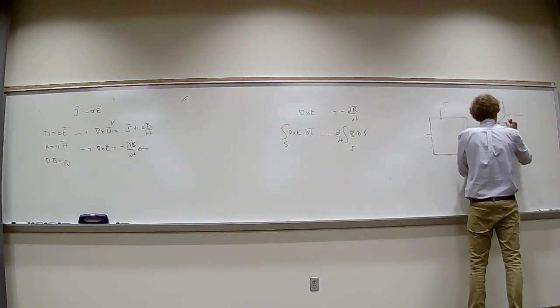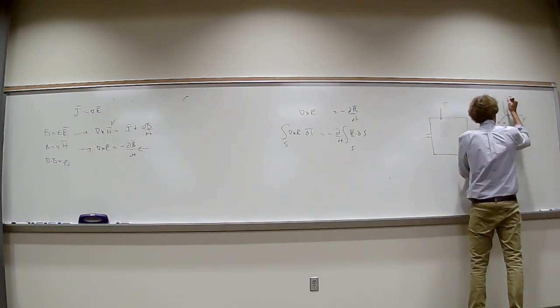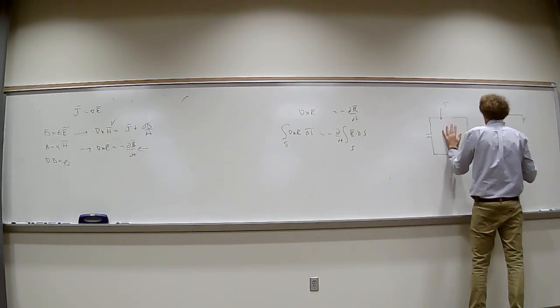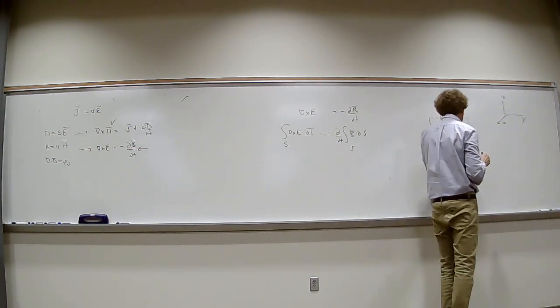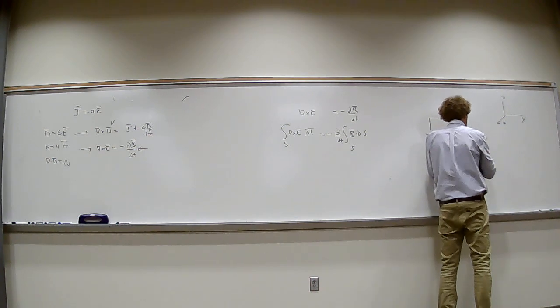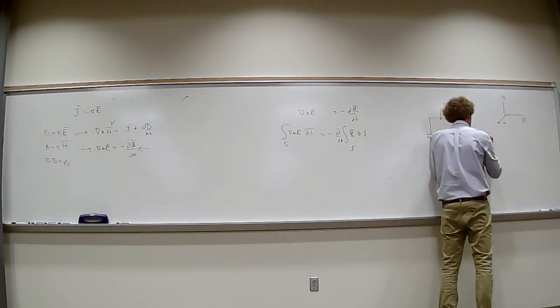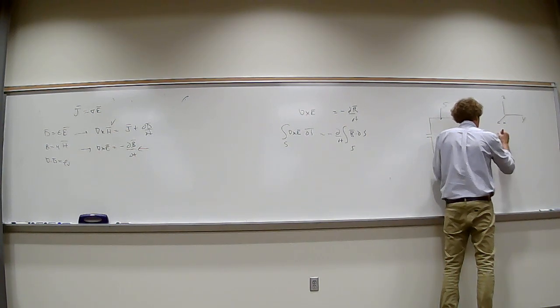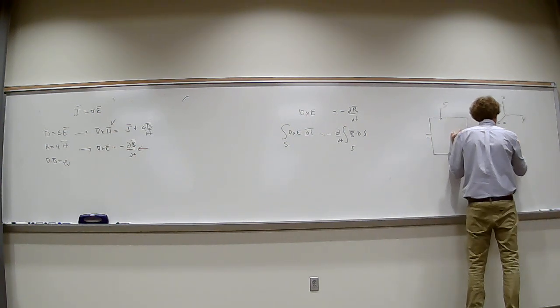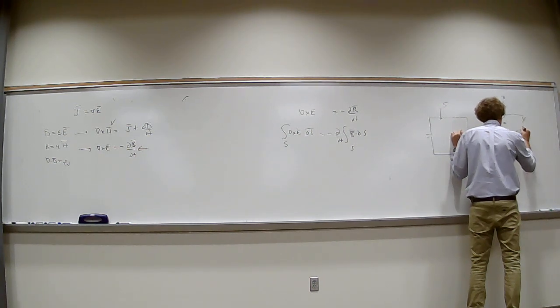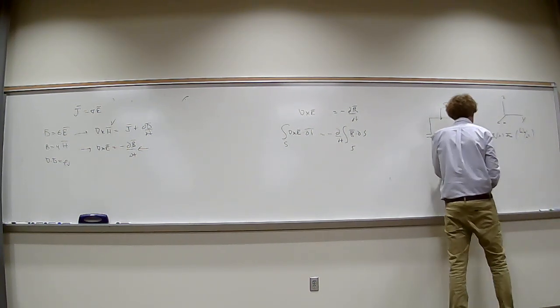Suppose X is out of the board, Y is in this direction, and Z is up, and this is going to be in the XY plane. And assume I have a B field coming out of the board. Just B is some B naught of t in the a_x direction, and that would be Webers per meter squared as the units.